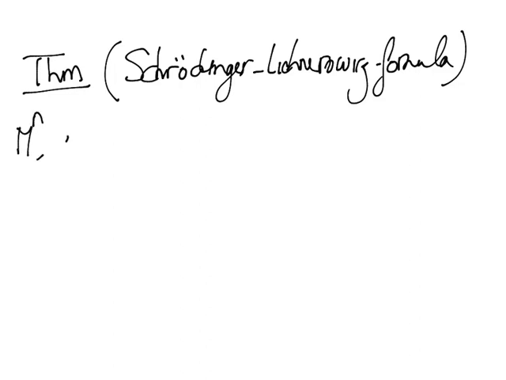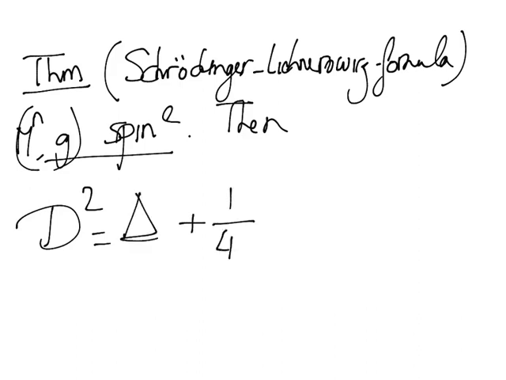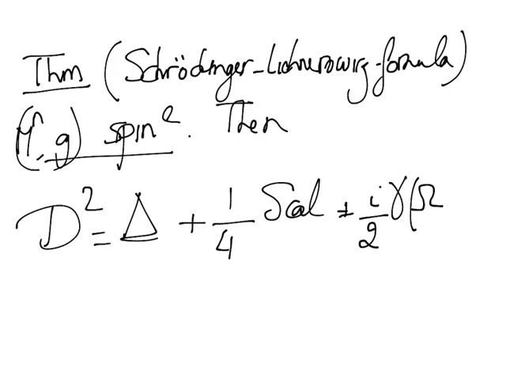So you have a manifold, a Riemannian manifold, which is of course spin C. Then D squared, the square of the Dirac operator, is the Laplacian, plus 1 over 4 the scalar curvature, plus I over 2 gamma of omega, where I omega is the curvature two-form on the auxiliary line bundle.